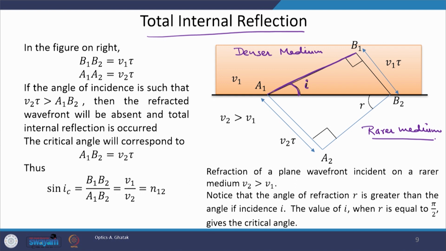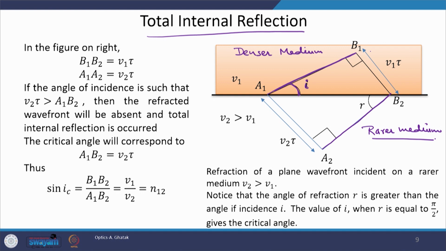Okay. Had there been no TIR, had there been usual refraction, this wavefront A1 B1 would have traveled into the rarer medium, and in the second medium it would have been at position A2 B2. The new wavefront position in the rarer medium would have been A2 B2.